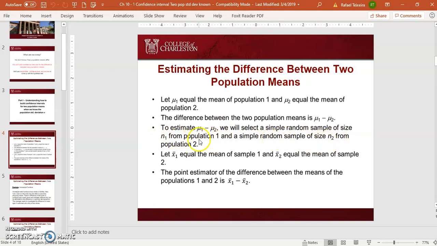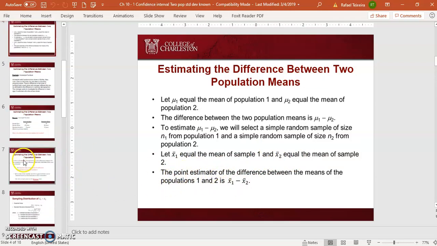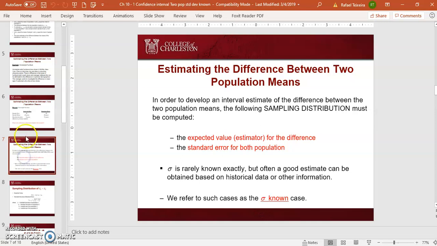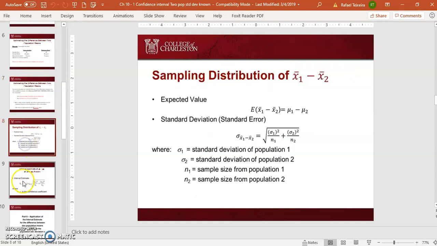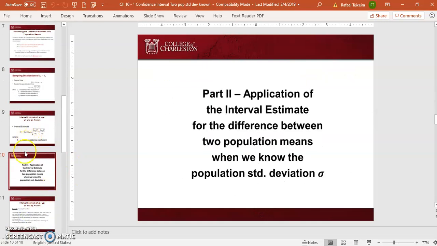So we are selecting two samples, and then we let x bar 1 be the sample mean for sample 1, and x bar 2 be the sample mean of sample 2. Okay, and then we have the estimator, which is the difference that I just showed you. Okay, so I'm going to stop here, and I'm going to work on solving this problem in the next slide.